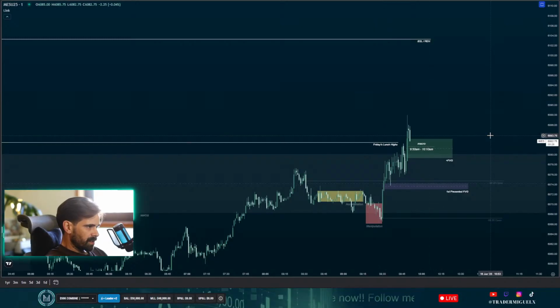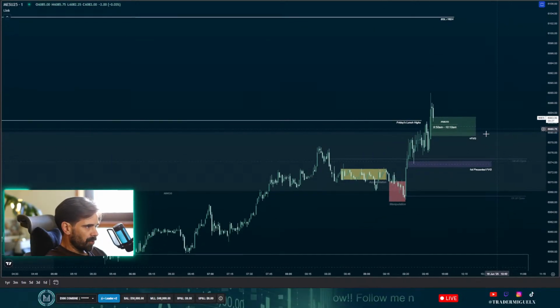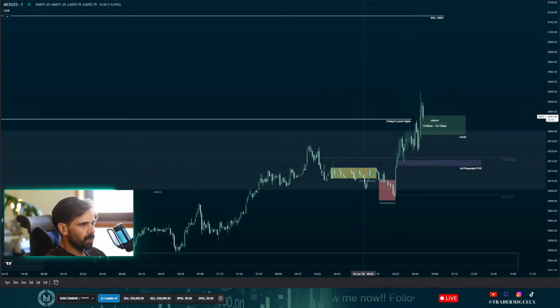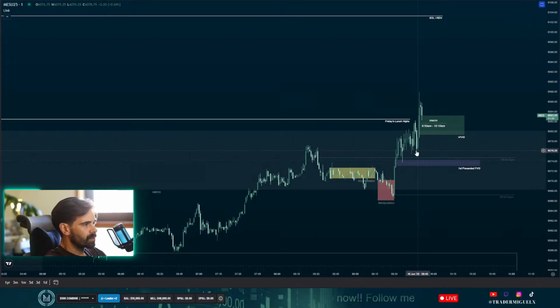Let's see if this is a real breakout or if we will get trapped here, because a lot of long players can eventually be trapped, since we are pushing in one direction since the open. We still have some lows here, so the liquidity since the open is still intact.